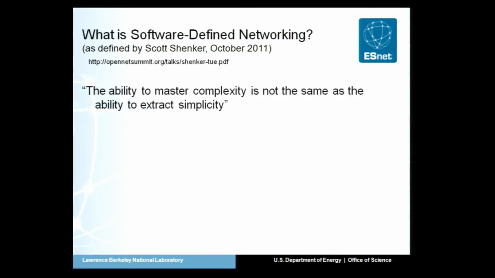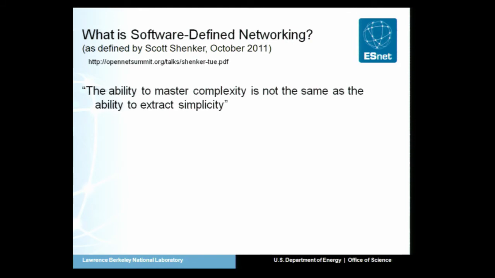One of the ideas that has been heavily quoted is that we network engineers have the ability to master complexity, and that is why networking has been a lagging science as compared to computer science and storage in terms of virtualization, the software stacks, and horizontal versus vertical integration.